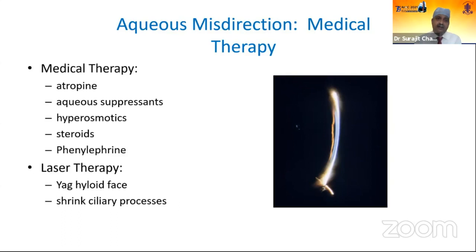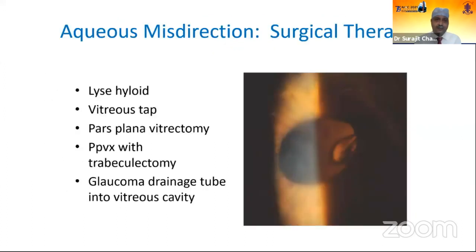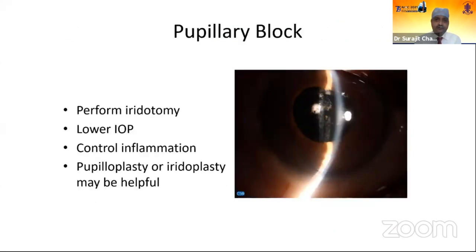Laser therapy like YAG hyaloidotomy, preferably peripherally, so that the aqueous have some path to escape, and shrinkage of ciliary processes with argon laser may be another option. And the last option is to go for a pars plana vitrectomy along with the anterior hyaloid face rupturing.